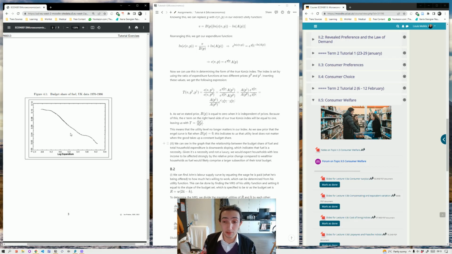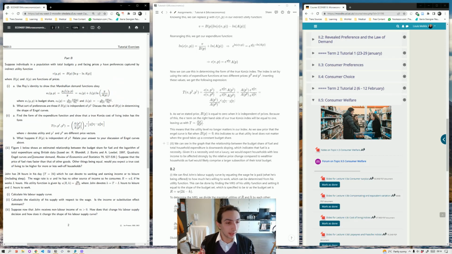Whereas a poorer household who is getting by paycheck to paycheck, if the price of food goes up, that's a really big problem, because now suddenly your food costs 50 quid more per week, and that's a massive percentage of your income. So when fuel goes up, and fuel is a necessity, that's going to hit poorer households harder because it's a bigger percentage of their income. So yes, we're going to expect the true cost of living to be higher for less well-off households in this case.